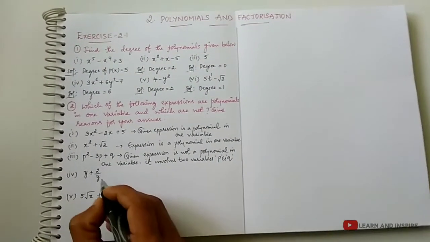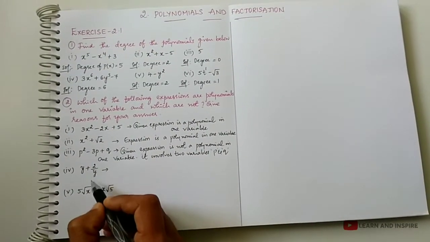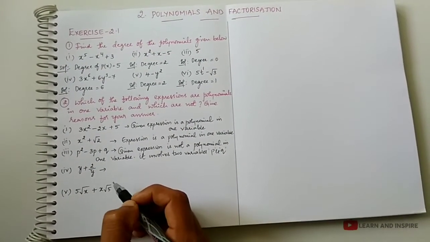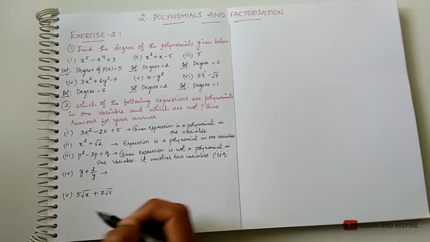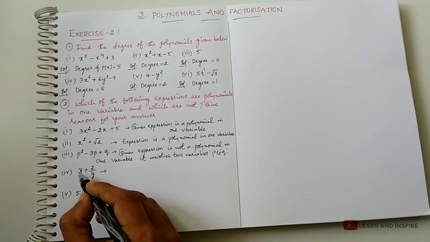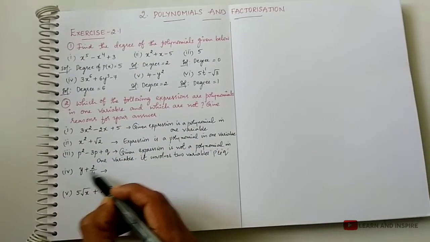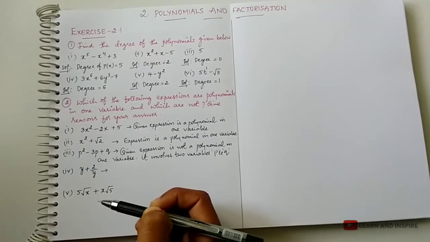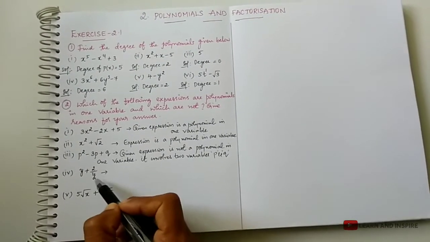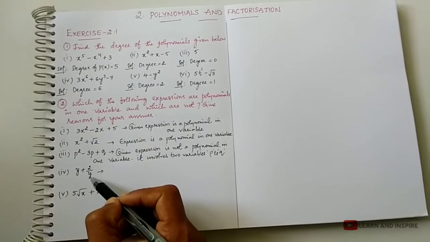So next question, y plus 2 by y. Is this a polynomial? First of all, we have to know whether it is a polynomial or not. y plus 2 by y is not a polynomial because the second term contains the variable in the denominator.